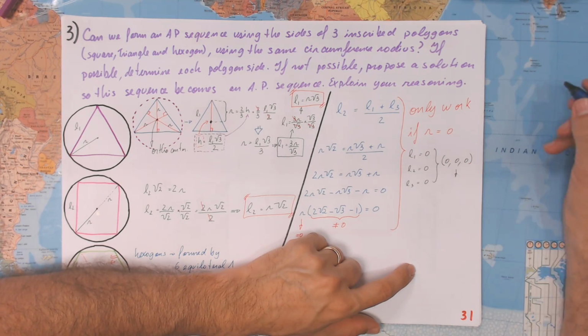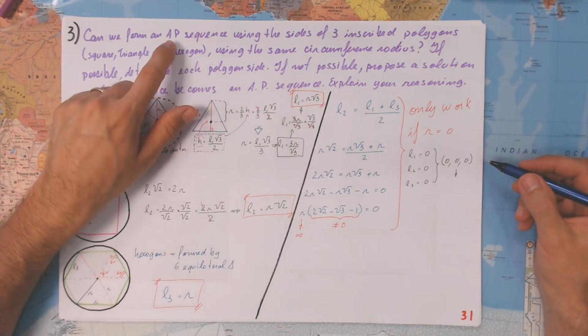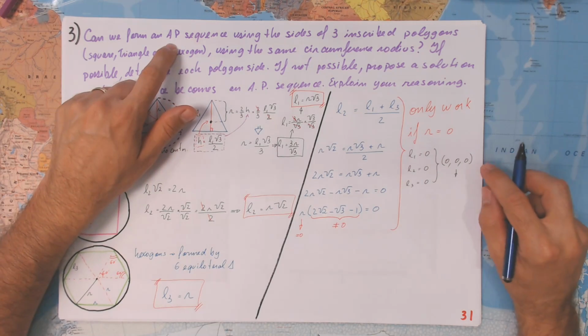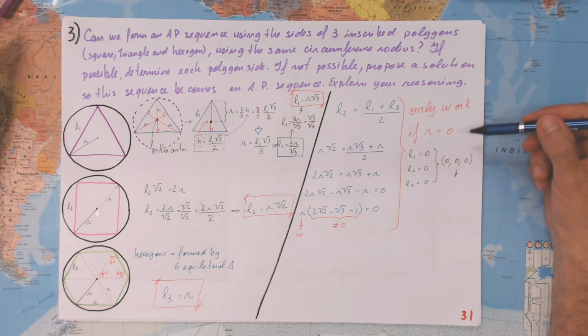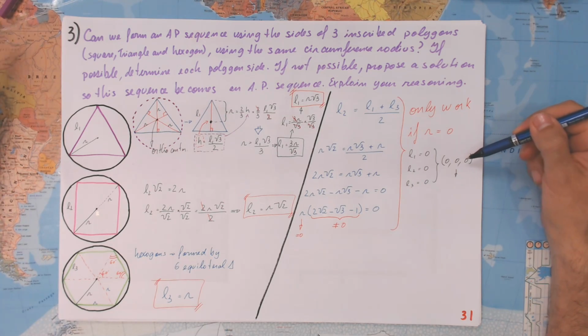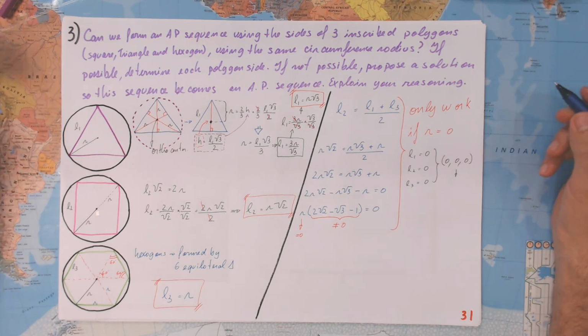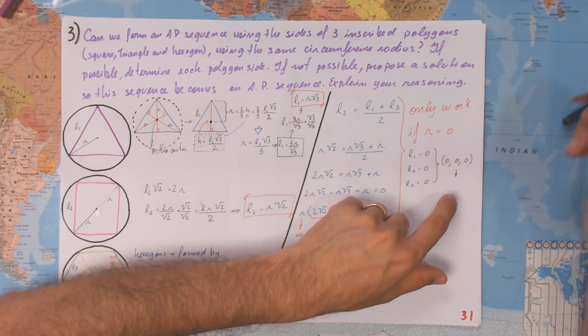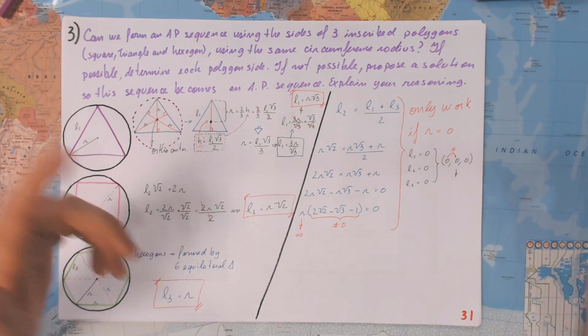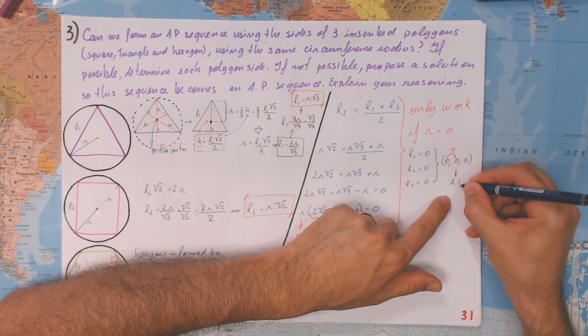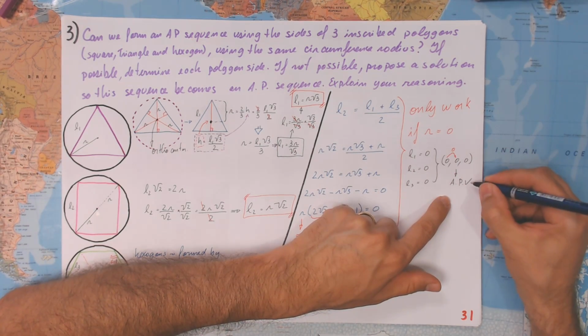Is this, by excellence, an AP sequence? Well, if you're just looking at those numbers, yes, they are, okay? The first term 0, second term 0, third term 0. What is the common difference? 0, no problems. Okay, this can be an AP. Yes, it can. Okay, it's true.